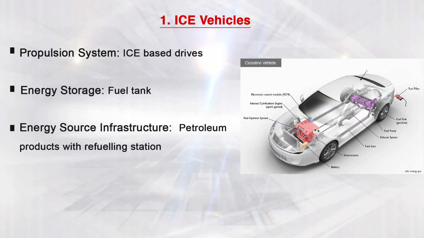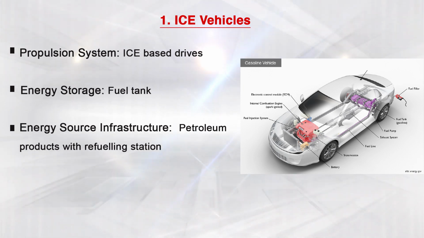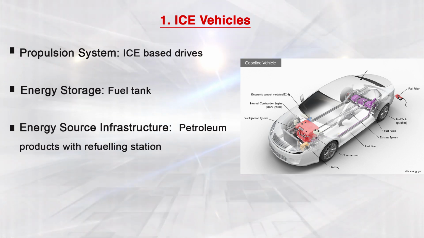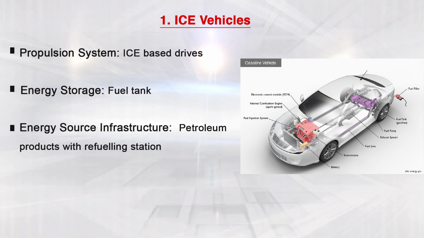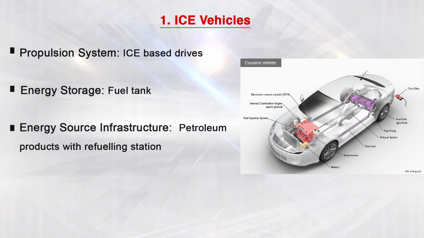So, if we look into the internal combustion engine vehicle, the propulsion system is the IC engine based drive, energy storage is the fuel tank and the energy source infrastructure is the petroleum or gasoline products with refueling stations.